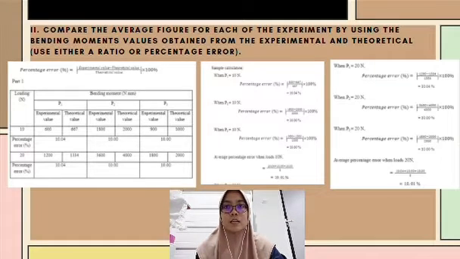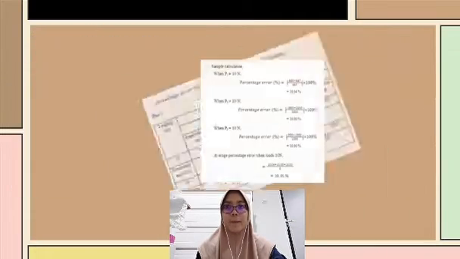So the result is 10.04%, followed by P2 10N and P3 10N. From these values, we can calculate the average percentage error when load is 10N. After doing the calculation, we get the average value for load 10N is 10.01%. So the average percentage error when load is 20N is also 10.01%, same as when the load is 10N.